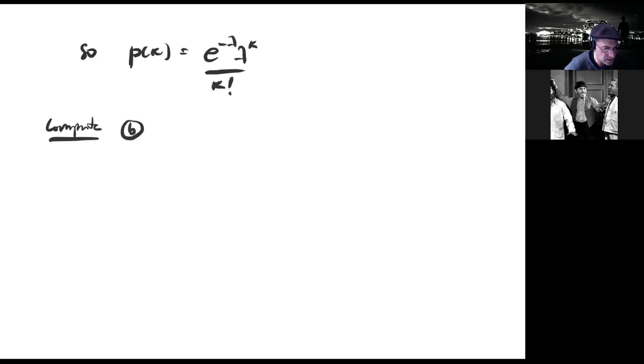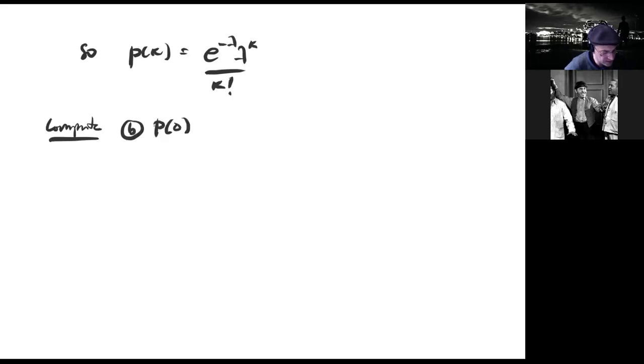So we know that P of k is equal to e to the minus lambda, lambda to the k over k factorial. So now we have the complete expression for the PMF. Okay, so now let's compute some expressions that the book asks us to compute. This is B. It wants us to compute P of 0. Well, that's easy enough.